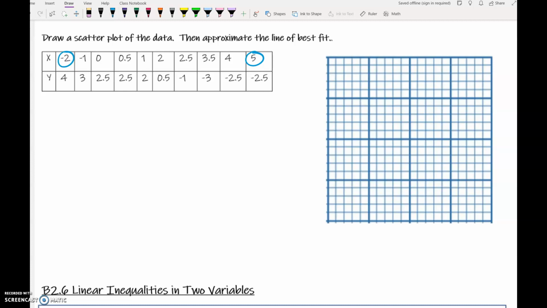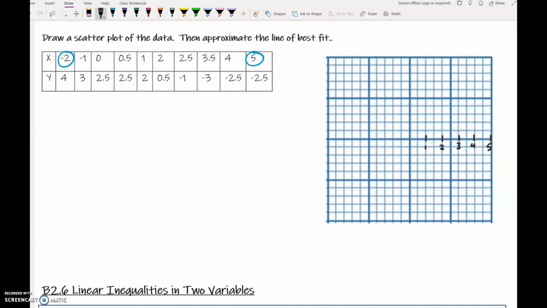I should do that in black so it's easier to see. This is 1. This is 2, 3, 4, 5. And when I look through here and I see that some of my data values are 0.5, that's going to make graphing those 0.5s a lot easier if we change the scale.